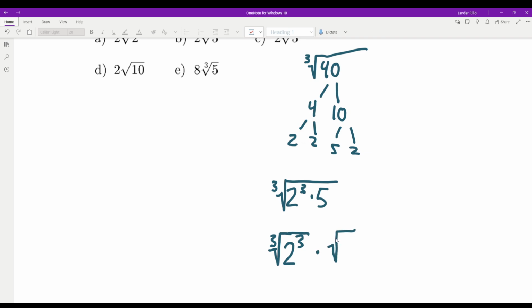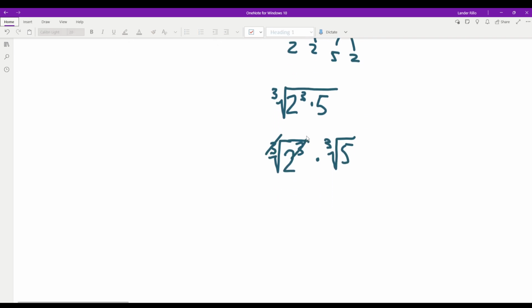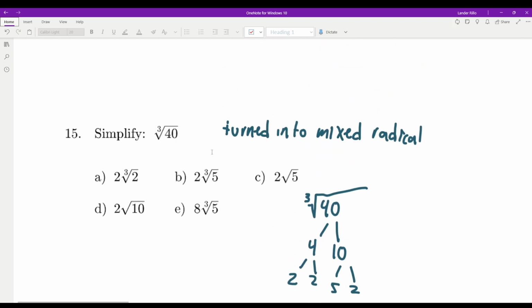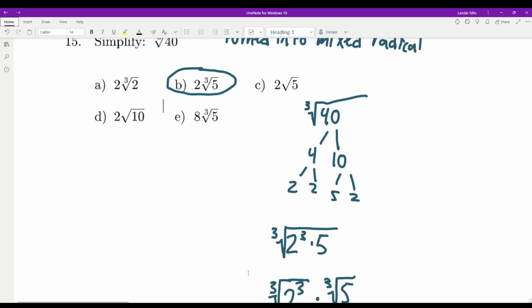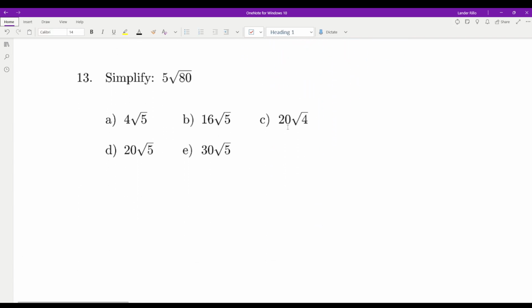Multiplied by cube root 5. This cancels out. So that is 2 times the cube root of 5. That should be B. Okay, makes sense.